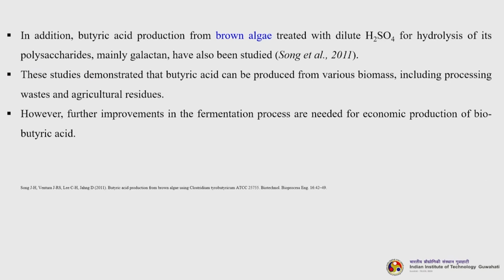In addition, butyric acid production from brown algae treated with dilute sulfuric acid for hydrolysis of its polysaccharides, mainly the galactan, has also been studied. It is also a very classical work. These studies demonstrated that butyric acid can be produced from various biomasses including processing wastes and agricultural residues. However, further improvements in the fermentation processes are needed for economic production of biobutyric acid.